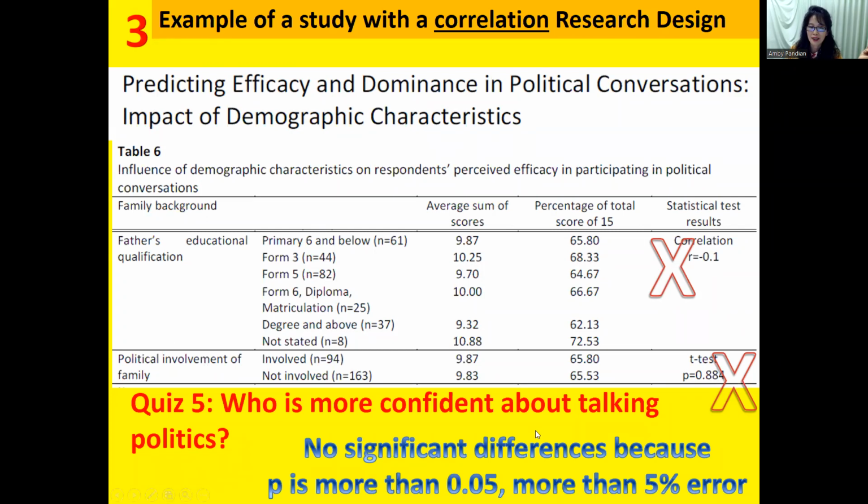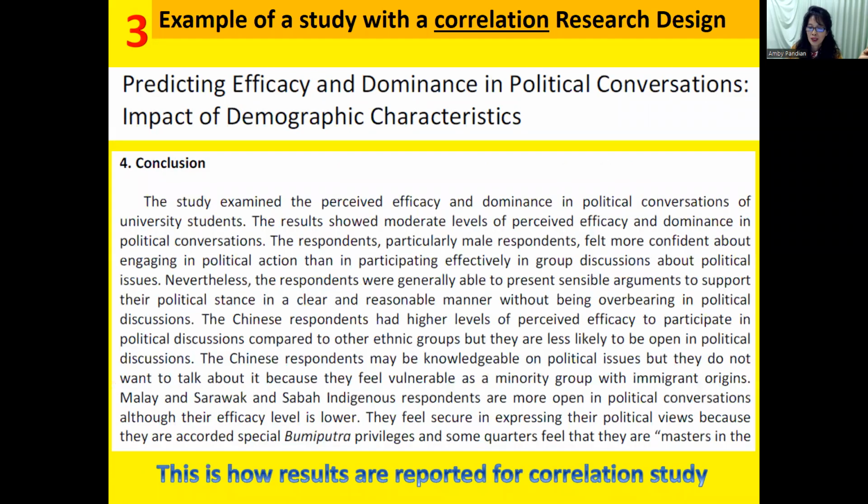So the only thing is ethnicity. So these are the conclusions for a correlational study. Of course, I report the level being moderate, male more confident, but Chinese also confident, and so on and so forth. Okay.